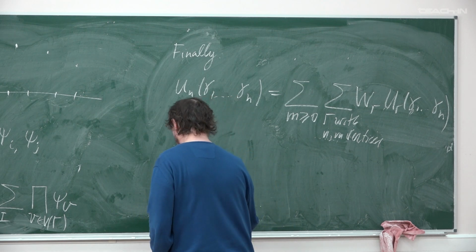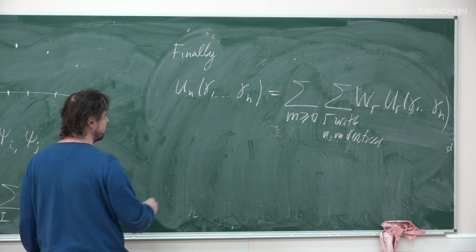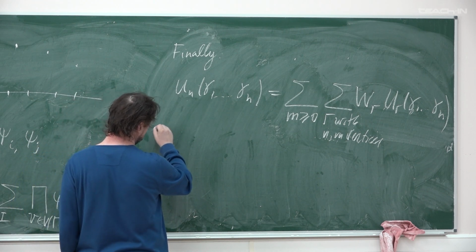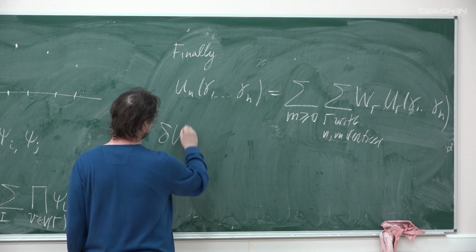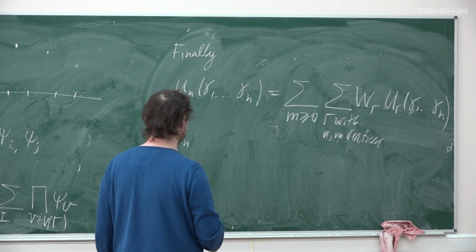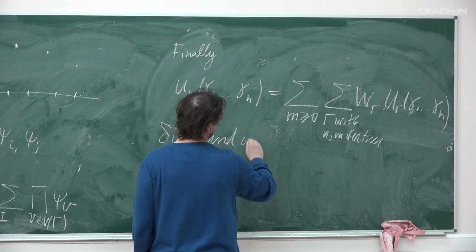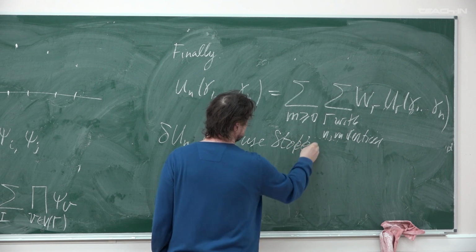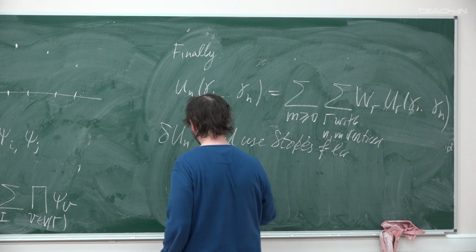You can prove that this construction actually gives you the L-infinity morphism we crave for. To this end, you need to differentiate Un and use Stokes' formula for W gamma.